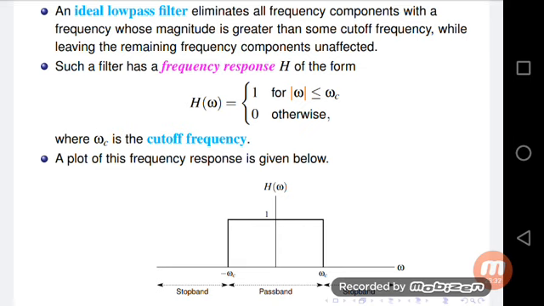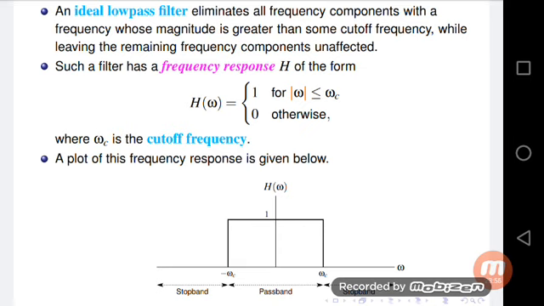Stop band is nothing but a particular period in which no wave will propagate. In pass band, in that particular period the wave will be present and propagate. That's why these are called pass band and stop band.